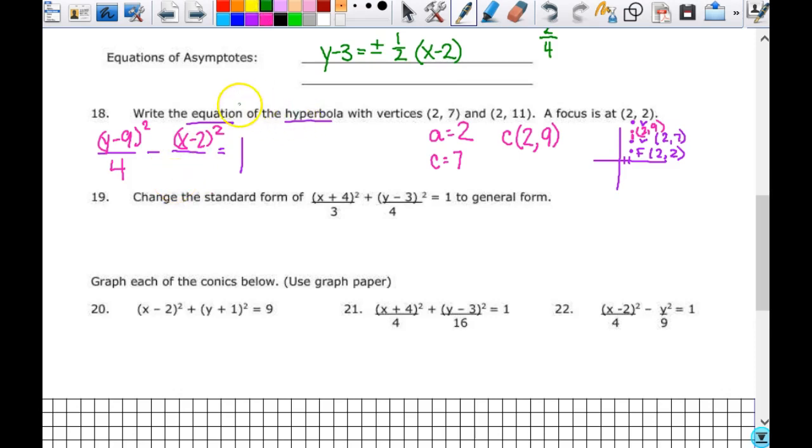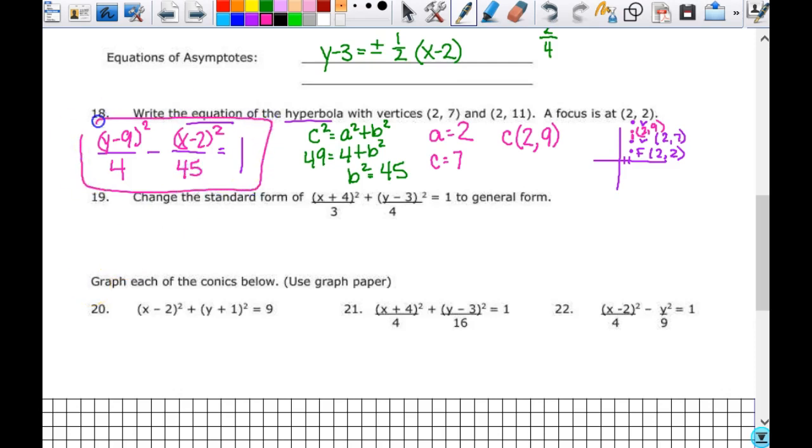And so for a hyperbola, c squared is equal to a squared plus b squared. So that means that 49 is equal to 4 plus b squared. So b squared equals 45. I don't really care about b because I'm not graphing this. I just need b squared, and I've got that. It is 45. There is my equation.